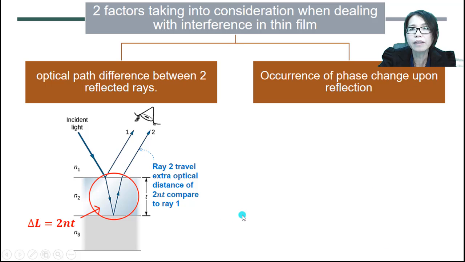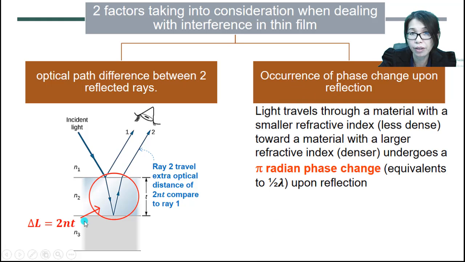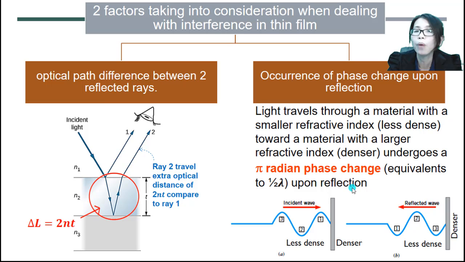The second factor that we need to take into consideration is the occurrence of phase change upon reflection. So class, remember, when light travels from a less dense medium towards a denser medium, it will undergo a pi radian phase change upon reflection. So these are the two factors that we need to take into consideration when we deal with interference in thin film.